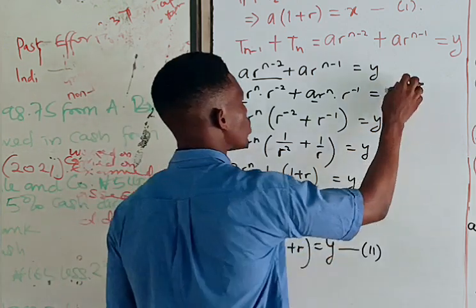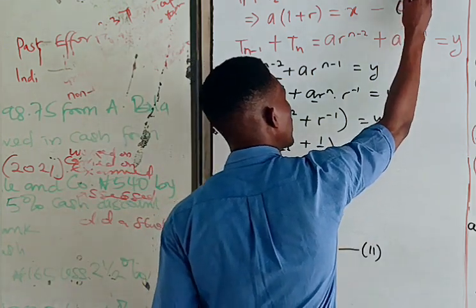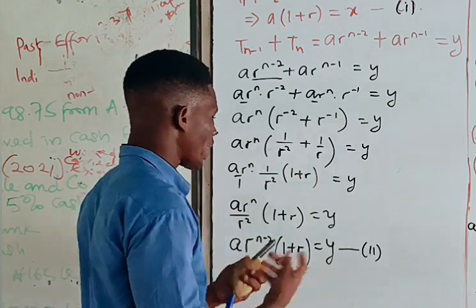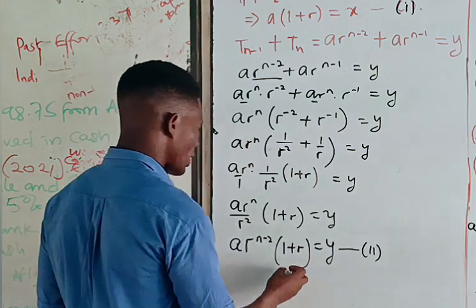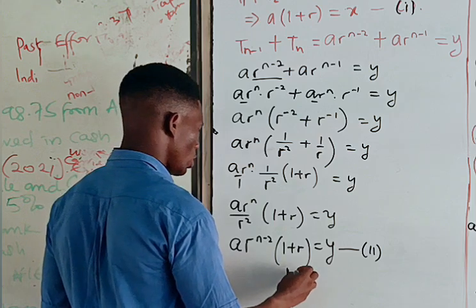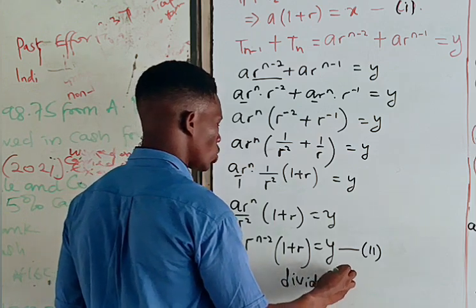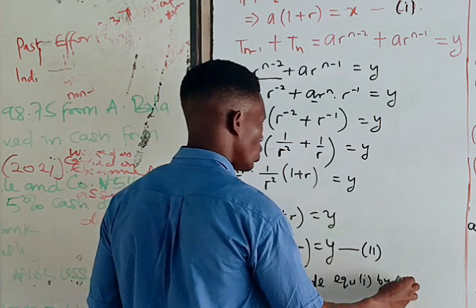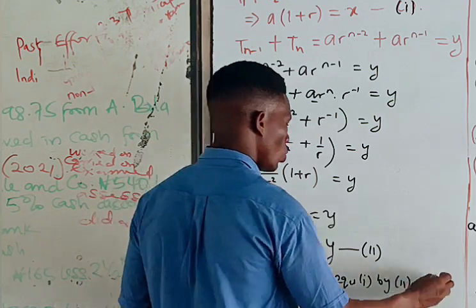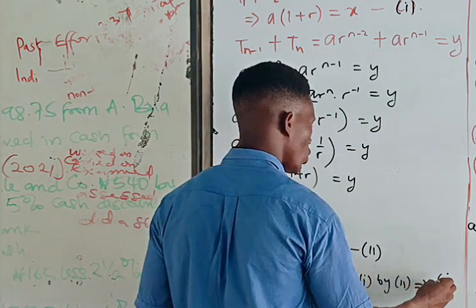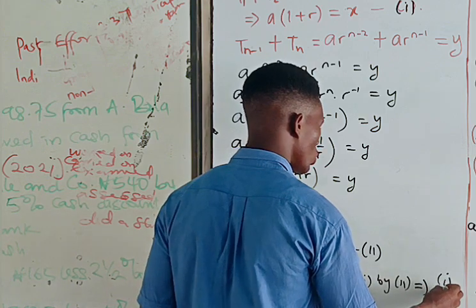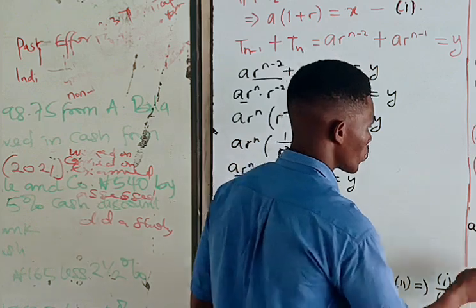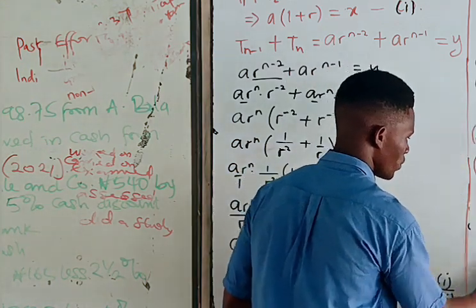We have our equation 1 here, and equation 2 here. What we're going to do next is divide equation 1 by equation 2. So we have equation 1 over equation 2.